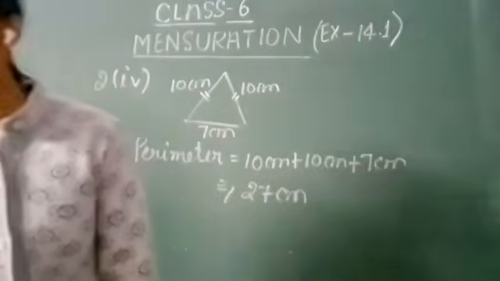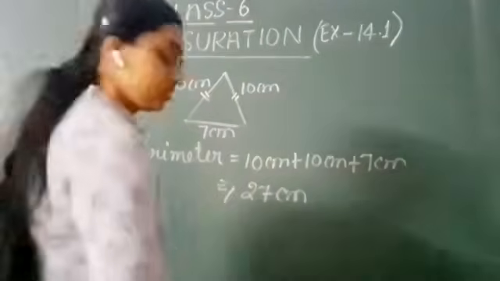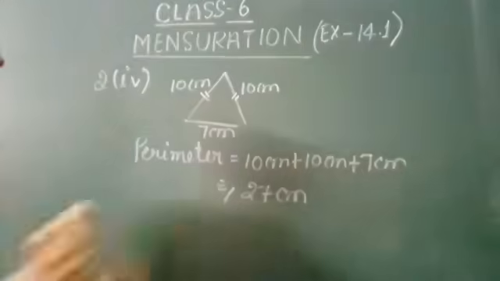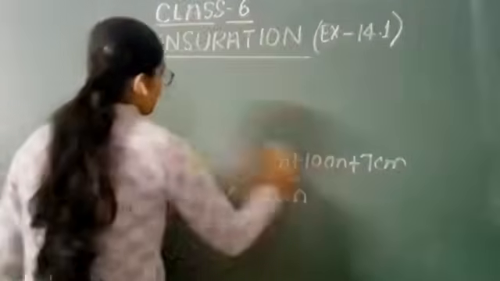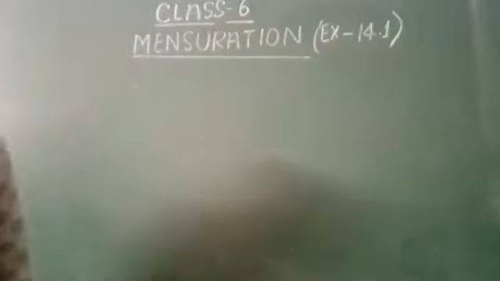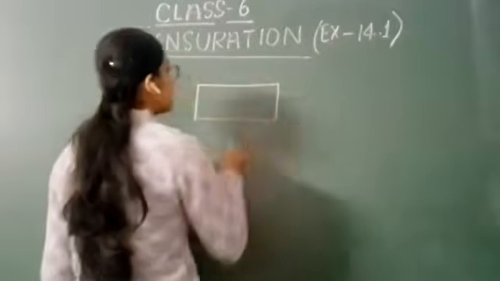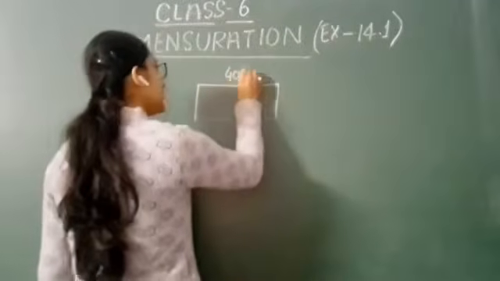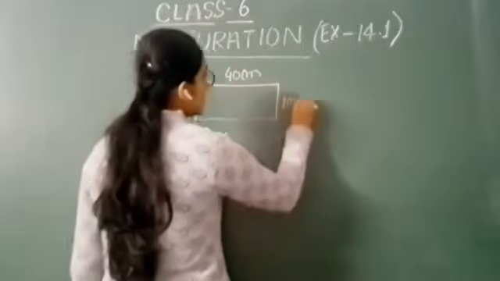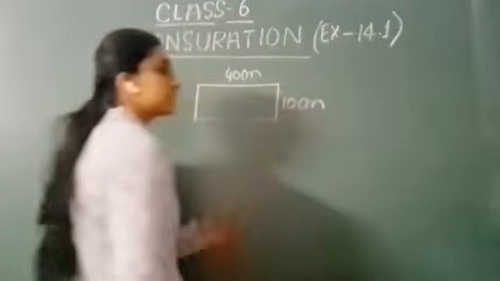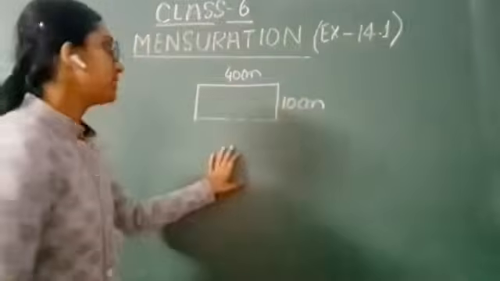So moving to the third question. In the third question, a rectangular box is given of size 40 cm by 10 cm. First of all, we have to find the perimeter.